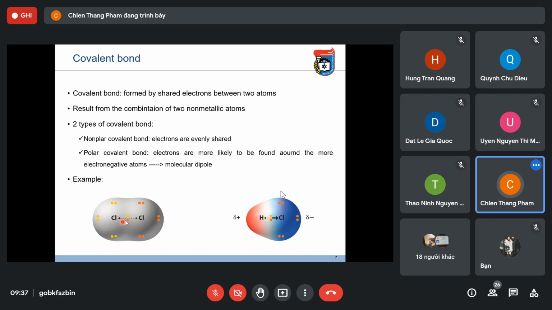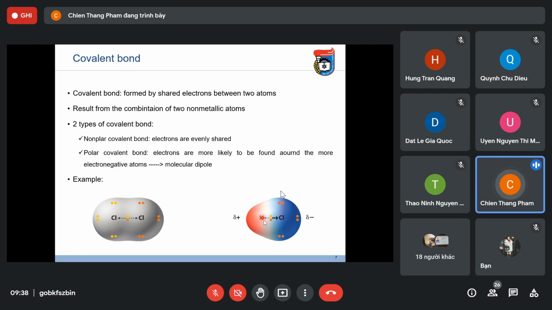It means the pair is at the midpoint of the two nuclei, and this is called a non-polar covalent bond. The combination of the same type of atoms produces a non-polar covalent bond.